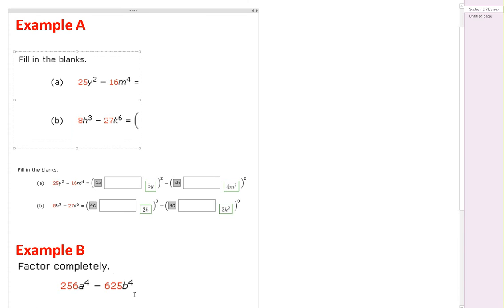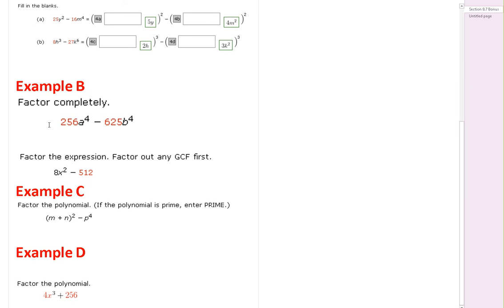Now, a lot of these are going to ask you to go further. This one right here, let's do example B. This one's kind of a favorite for exams. So let me copy that down. 256 a to the 4th minus 625 b to the 4th.